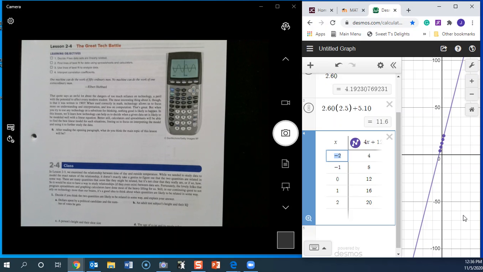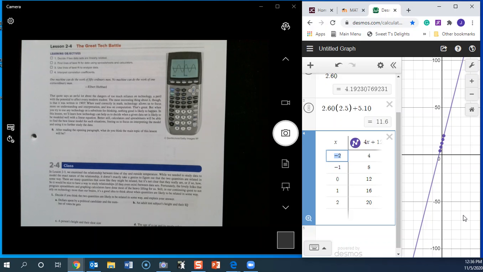And our objectives are to decide if two data sets are linearly related, find lines of best fit for data using spreadsheets and calculators, and also use lines of best fit to analyze data and interpret correlation coefficients.